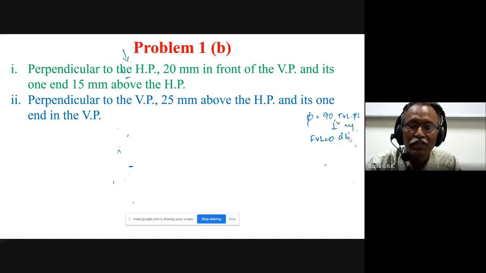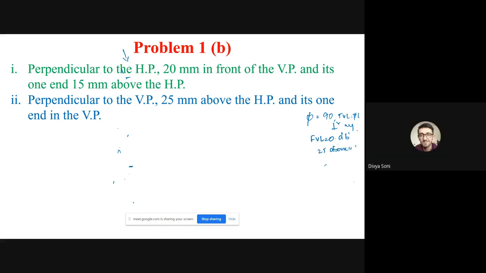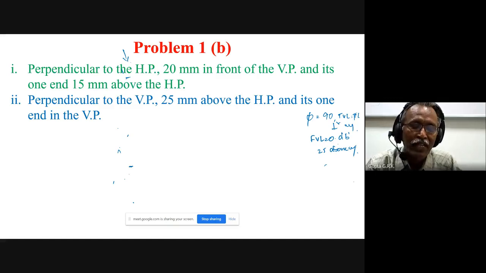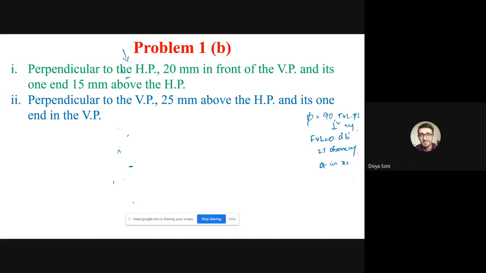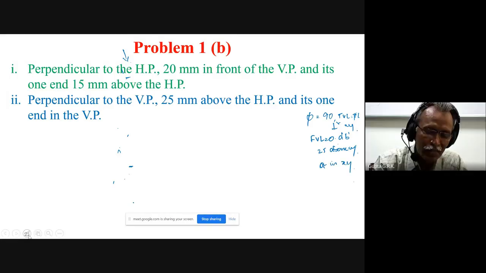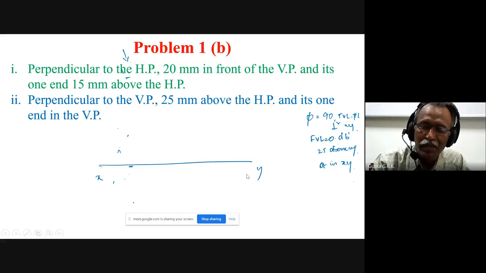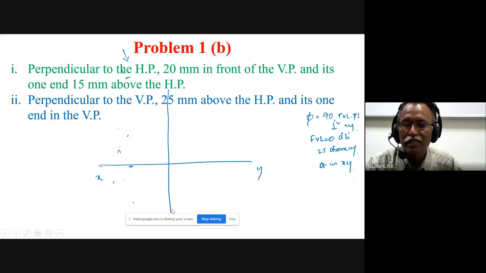This is 25 above HP, means 25 above XY. And its one end is in the VP, means A is on XY. So now I draw the XY line and I draw a single line like this.